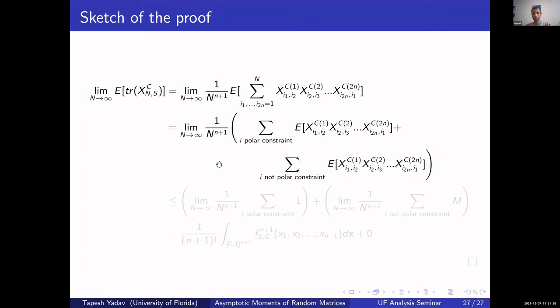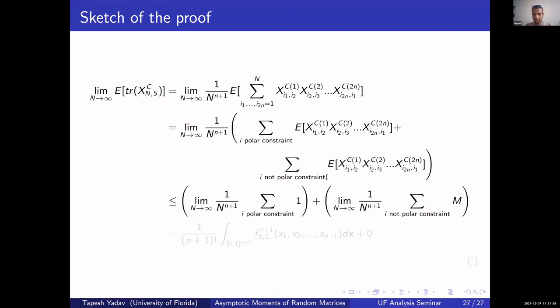But what's interesting is that if the path is polar constraint, then this whole term inside becomes 1 every time, because each of the random variables is associated to another random variable which looks like this, and this happens for every random variable independently. So we get variance times variance times variance, and variance was given to be 1, so it's just 1.